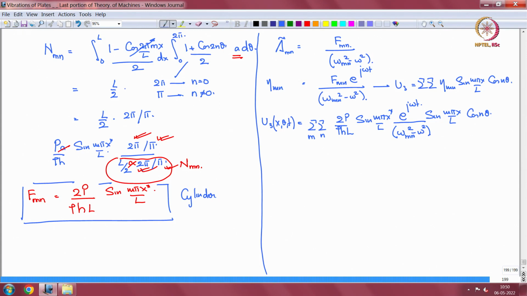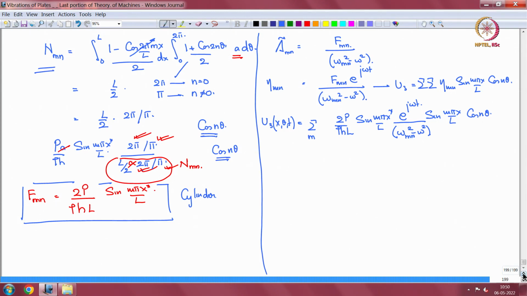N is a fixed n. Sorry, I think I just confused the whole issue. So the particular force we have is of the type cos n theta. So it will create a response only in cos n theta and no other. That's what Nmn tells you, that the n's have to be matched.